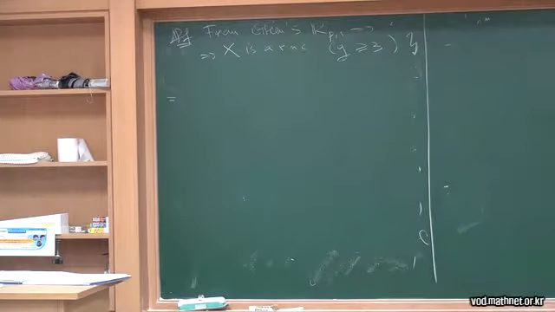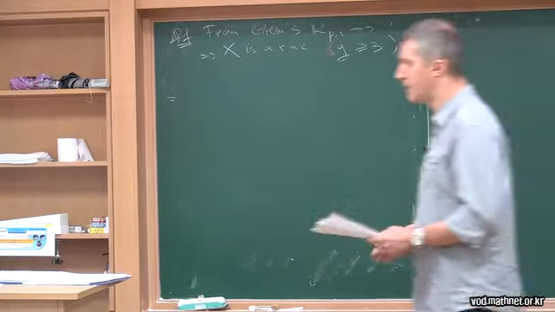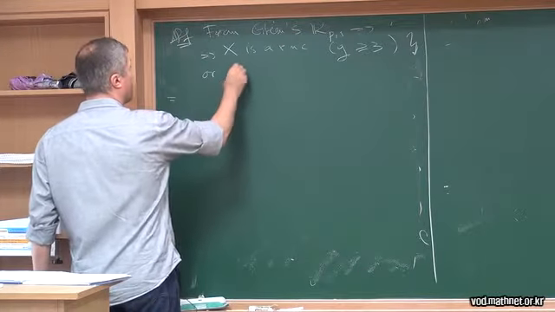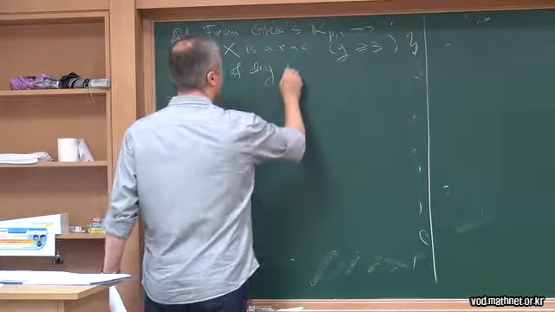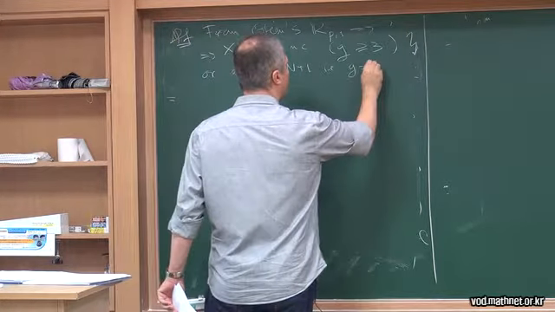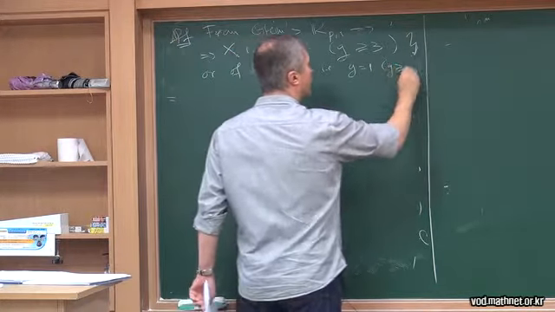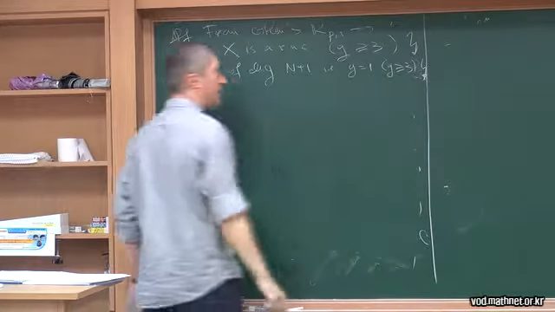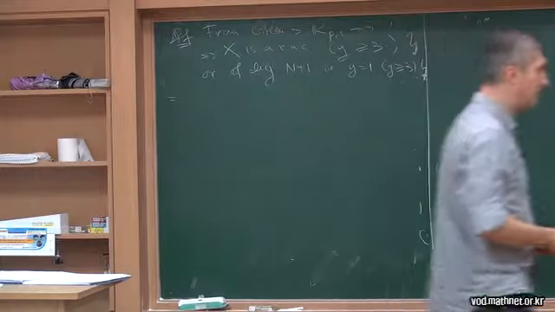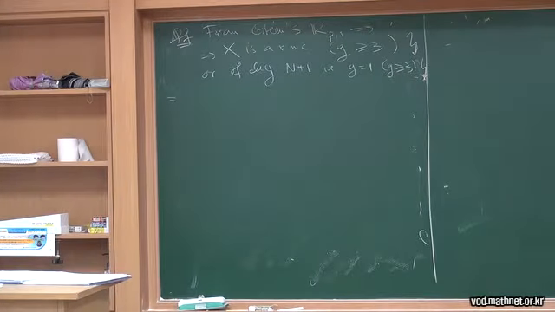Or it is of degree n plus 1. But if it's of degree n plus 1, then it's of genus 1. And again, it's a contradiction with the assumption that the genus was at least 3. So what's left is that it lies on a surface of minimal degree.